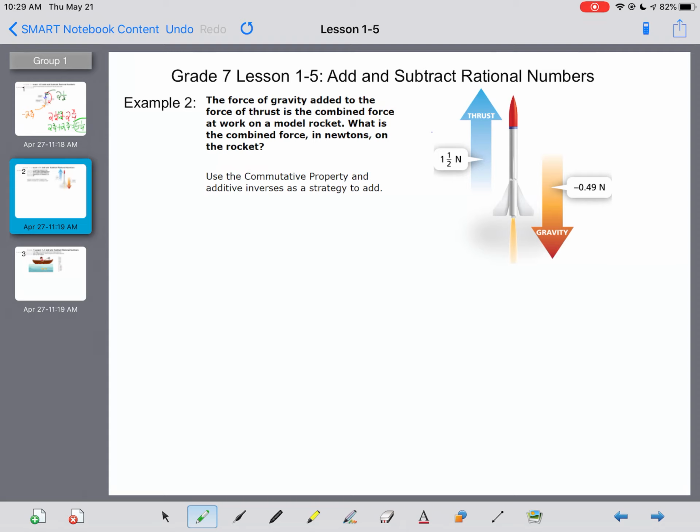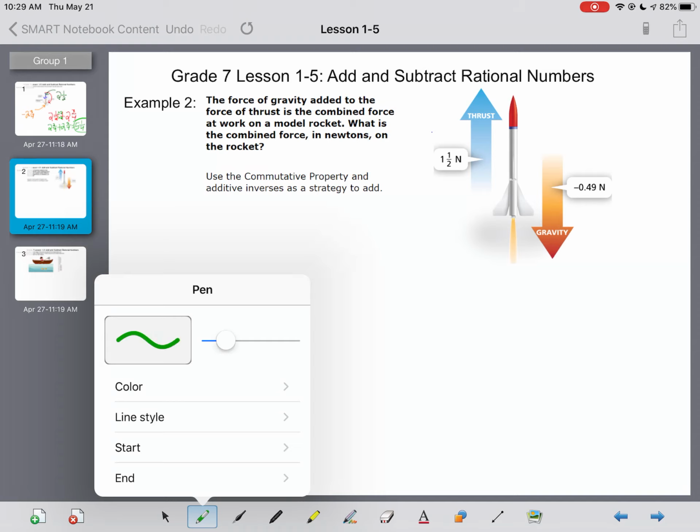So it's negative 0.49 newtons, which is just a type of measurement. They're pulling against each other. It looks like the thrust is going to be stronger because it's a higher absolute value at least.